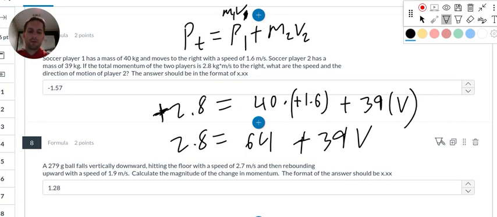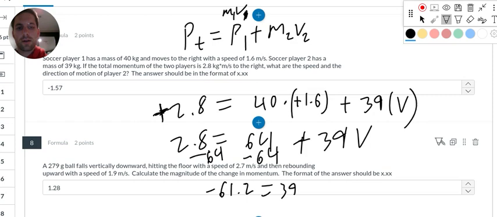So whatever 2.8 minus 64 is, we have to subtract 64 from both sides. I get negative 61.2 equaling 39V, and I divide 39 on both sides.